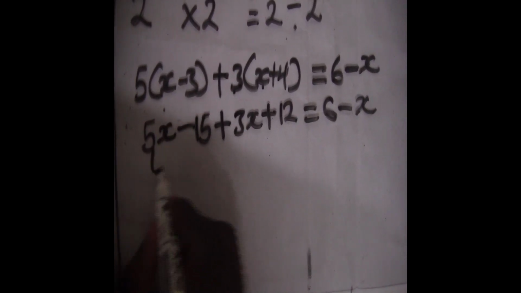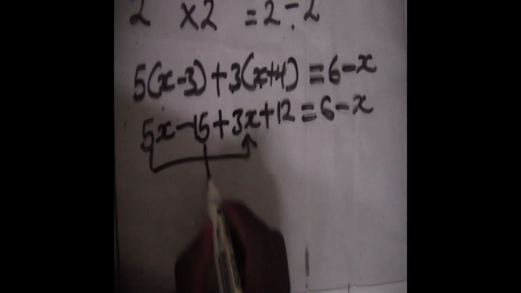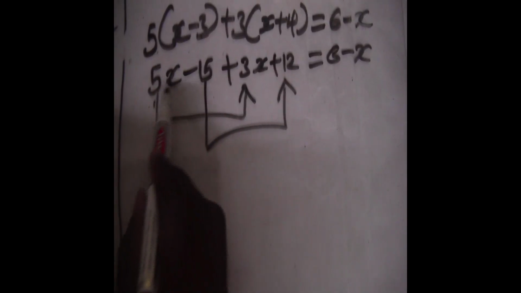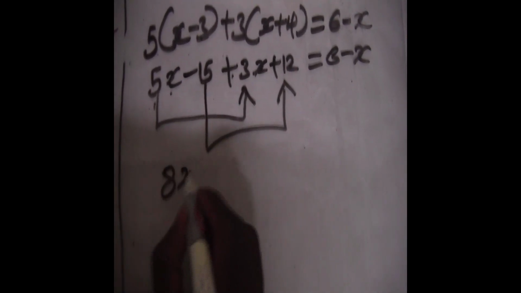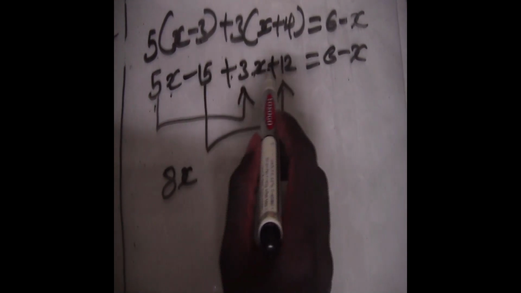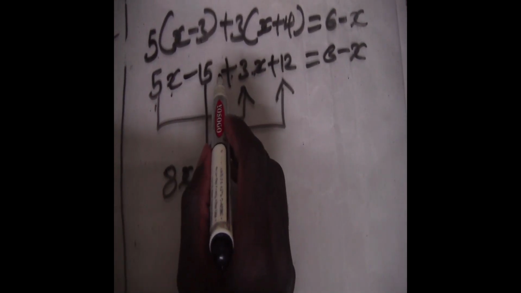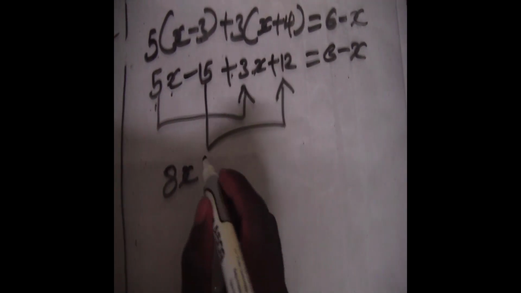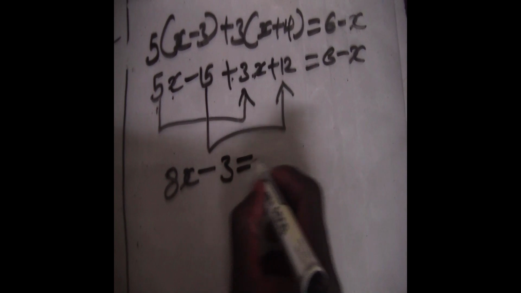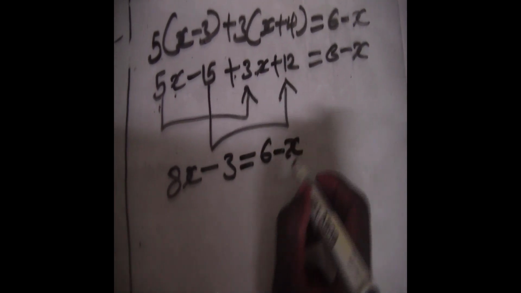So 5x plus 3x, you get 8x, minus 15 plus 12, you get minus 3 is equals to 6 minus x.